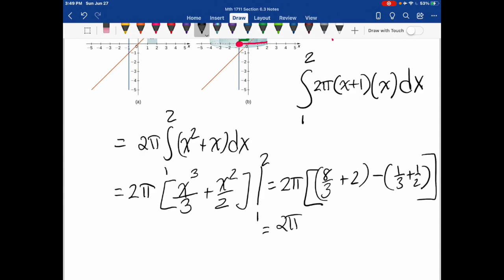And then I'm going to subtract what I get when I plug in 1, which is 1/3 plus 1/2. When I finish multiplying all that through, my final answer is going to be 23 pi over 3. And then, of course, because this is volume, this is going to be units cubed.